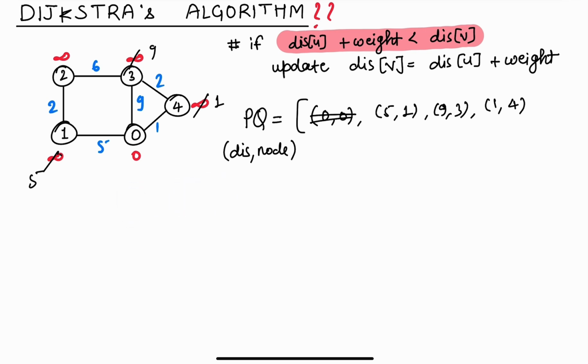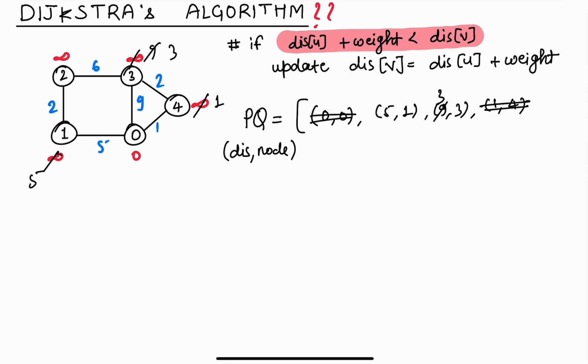So what we will do is we will update the distance of 3 from 9 to 3, and we will update this distance to be 3, and we will pop this node 4. Hence the visited nodes are 0 and 4.